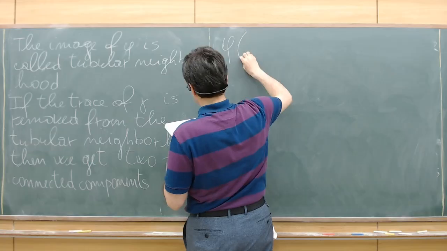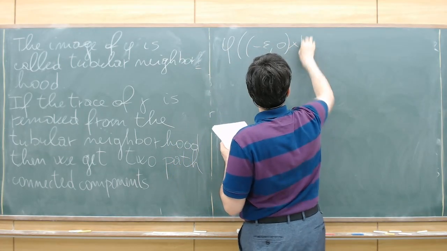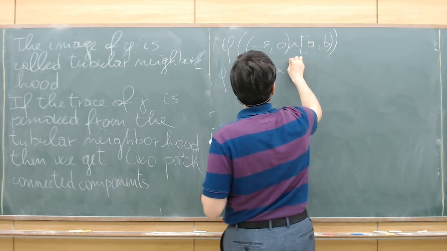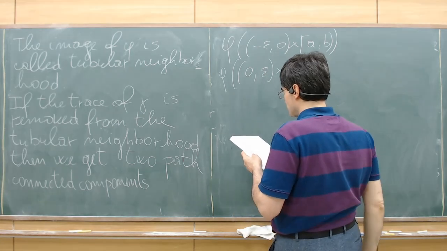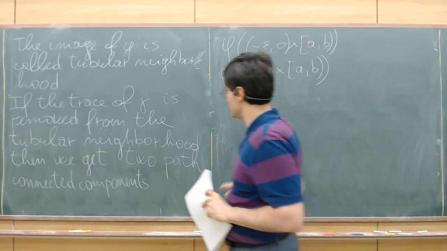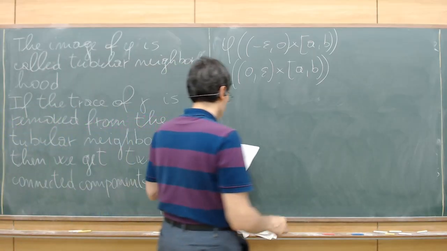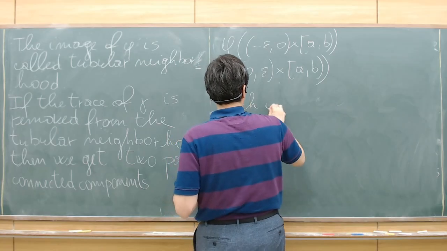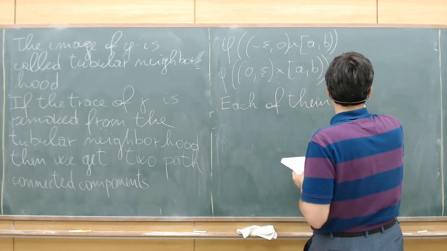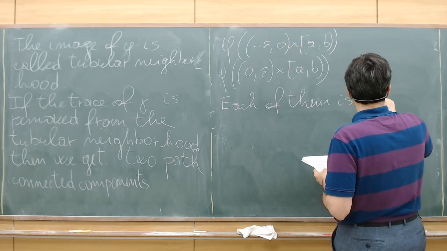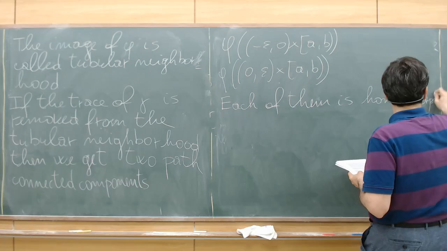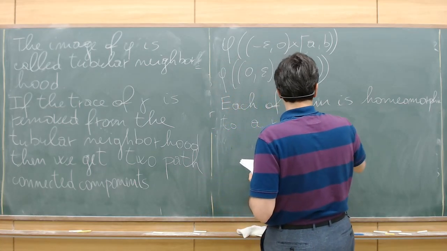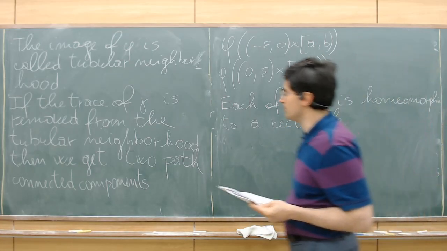These are phi of minus epsilon 0 times AB and phi of 0 epsilon times AB, and each of these path connected components is homeomorphic to a rectangle. This is the reason why they are path connected.